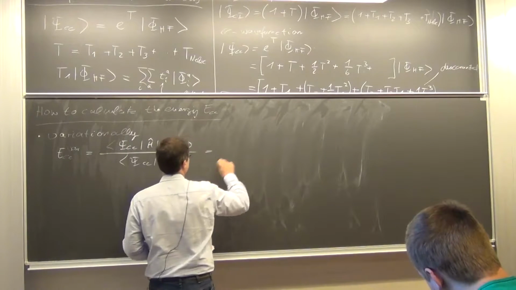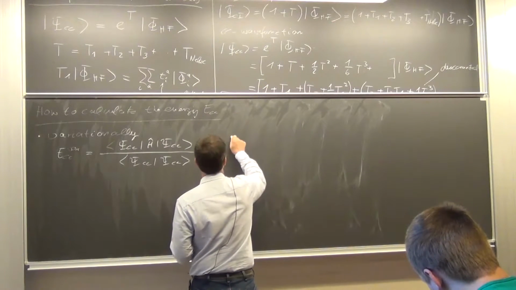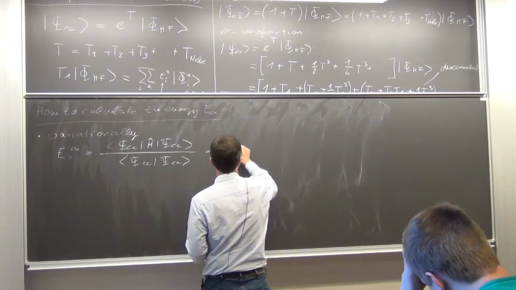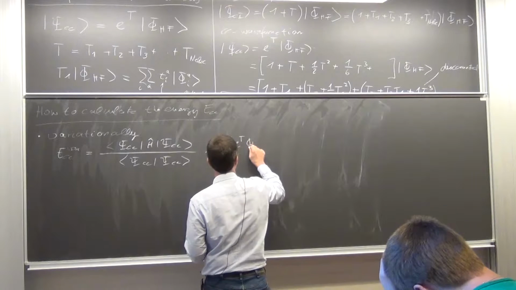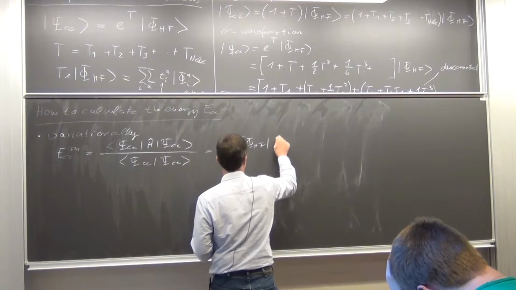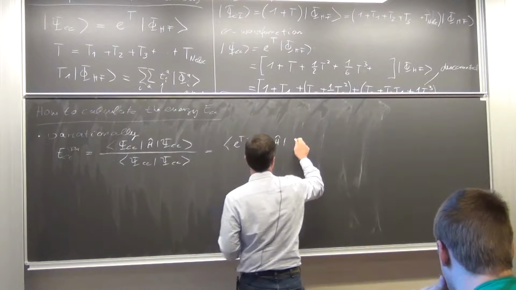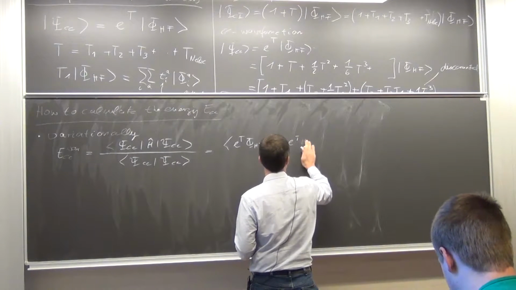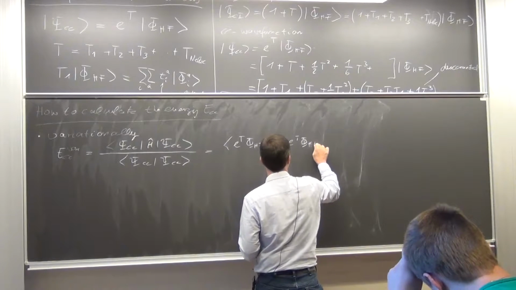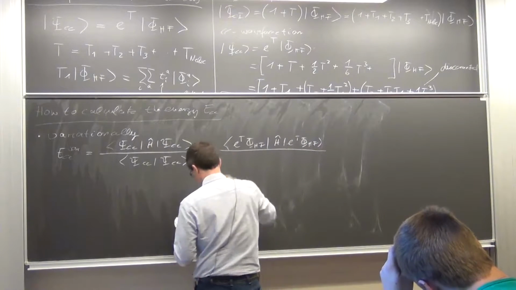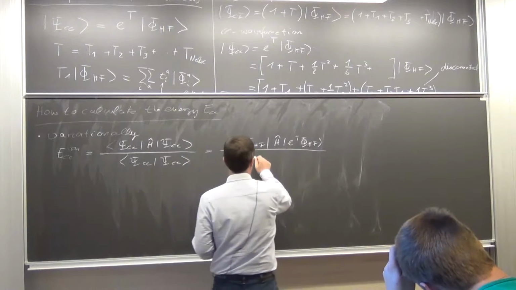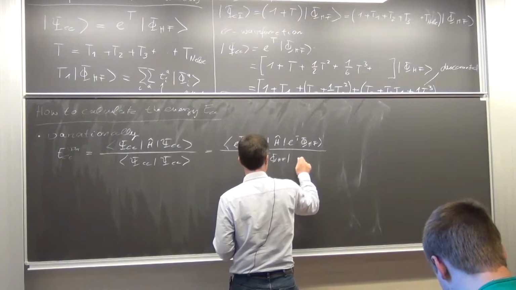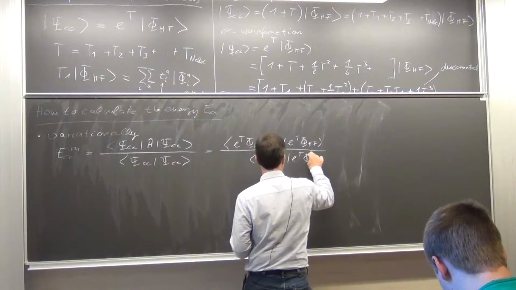That would then be, if I insert my expansion of the wave function, e to the T Hartree-Fock, I get the Hamiltonian, I get e to the T Hartree-Fock, divided by the same e to the T Hartree-Fock to the T.